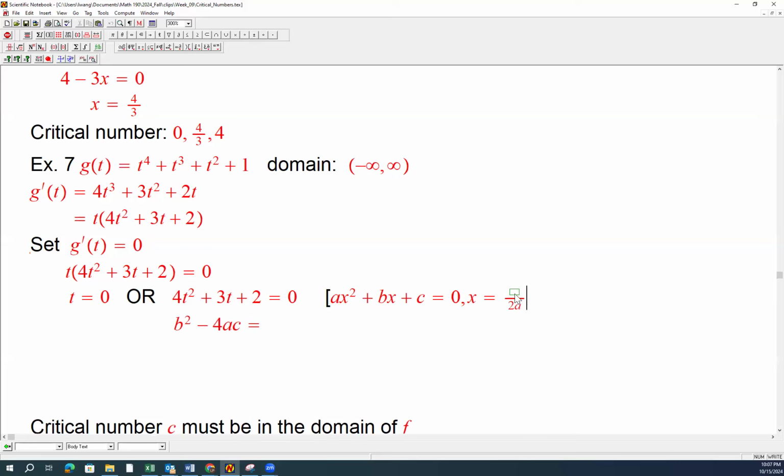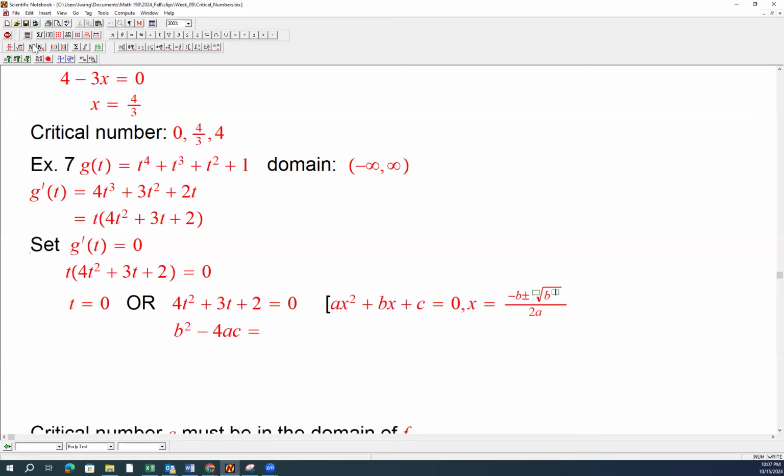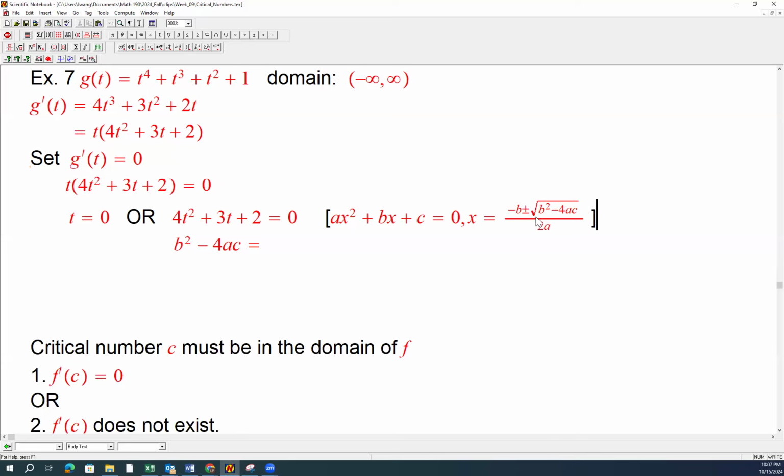I know some of you even know how to sing that song. We're working on b squared minus 4ac to see what number we get. Why is that? I will show you.